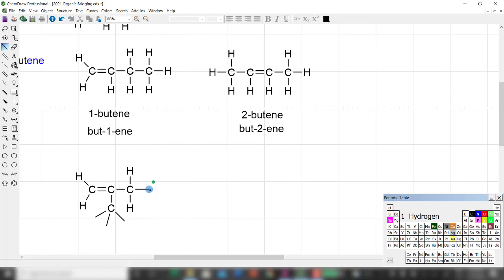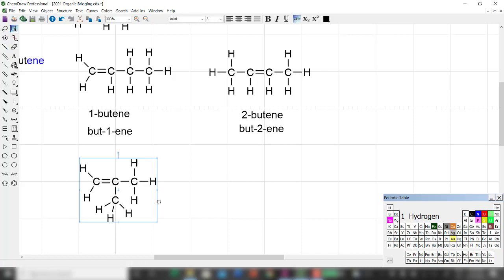So you can have an H here, H, H, and H. Yep, so this will also be an isomer of butene. It has to be butene because 4 carbons, 1 C=C double bond.